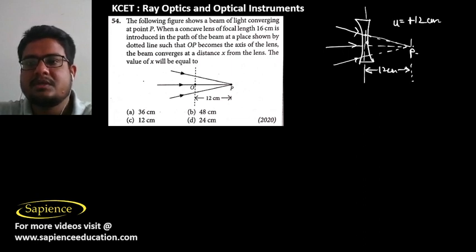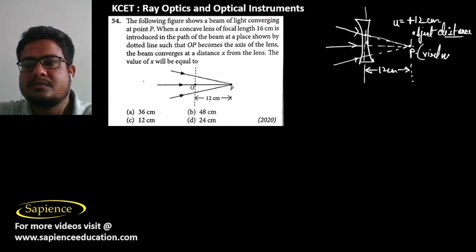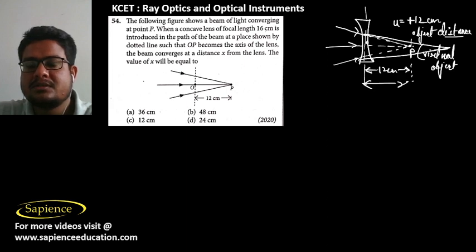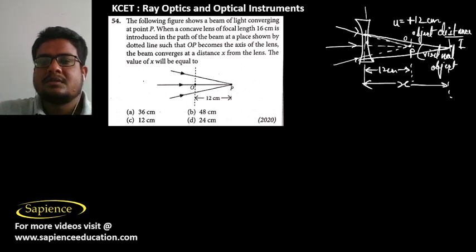It means that the object distance is 12 centimeter. The image distance we have to find. So here actually the point P is a virtual object. Now the image will be formed somewhat farther, at a distance x. Here the image will be formed. This is the object. The object is at point P.